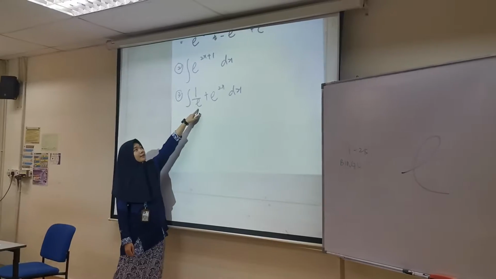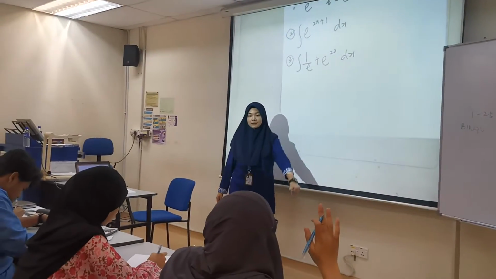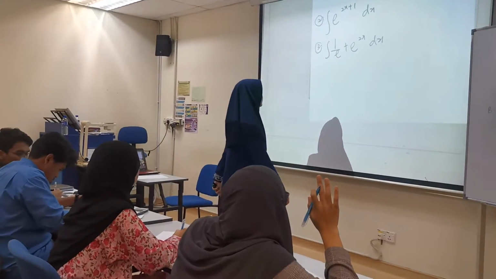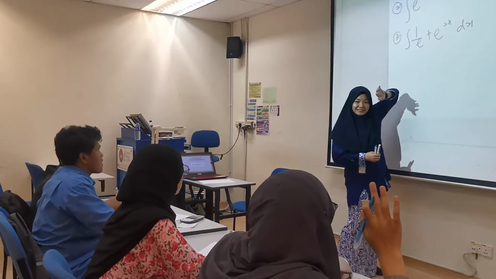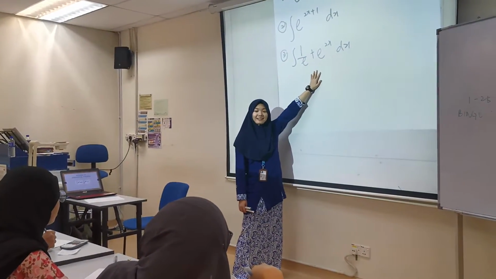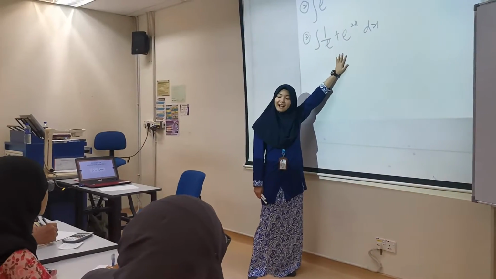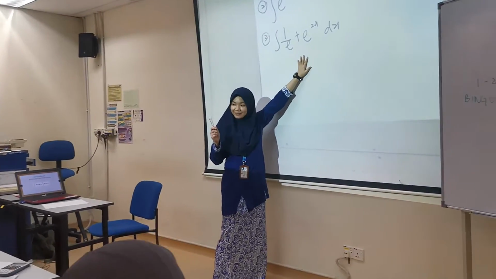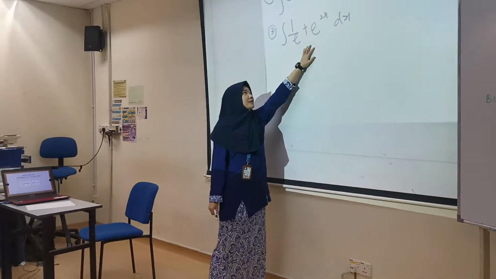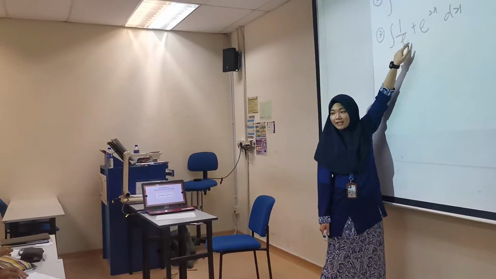Integrate 1 over e plus e to the power of 2x dx. It's exactly the same as this. So how to manage it? Log e equals to what? Not equal to 1? You don't know. I told you before, e is a value, you know.